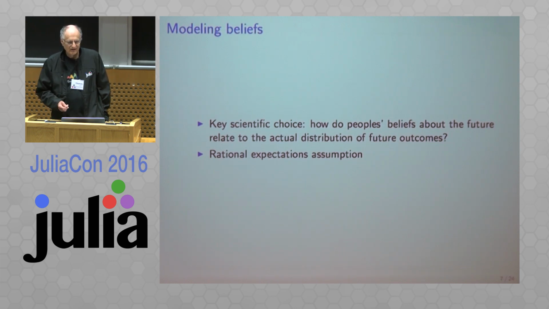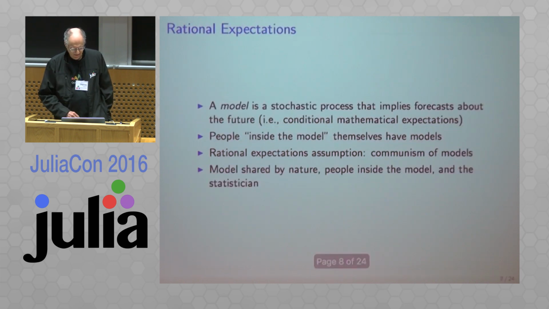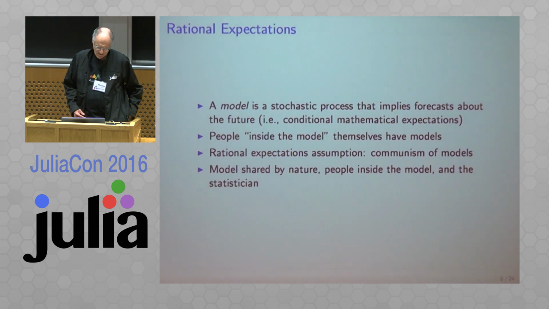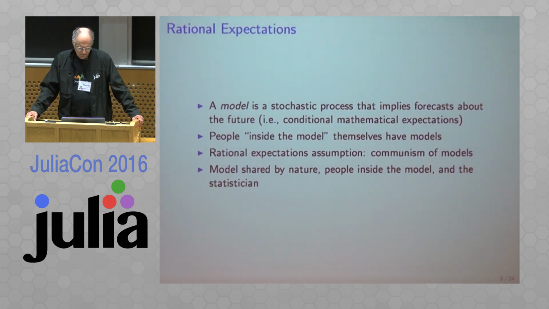Abraham Lincoln said, you can fool all the people some of the time, but you can't fool all the people all the time. Okay, so here's rational expectations. The people inside the model themselves have models, so they're solving predictive control problems.